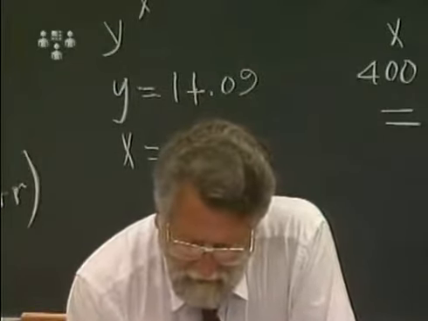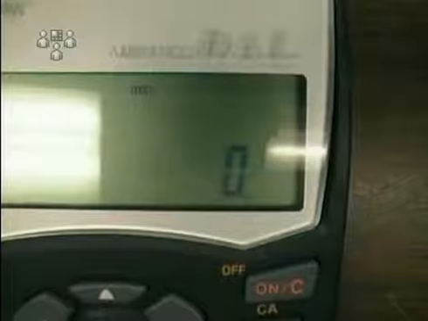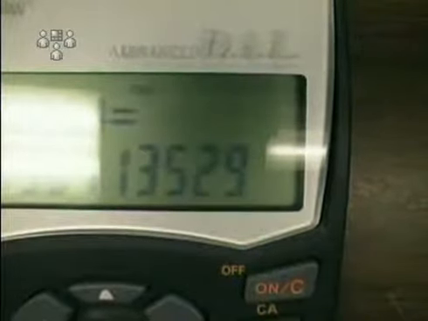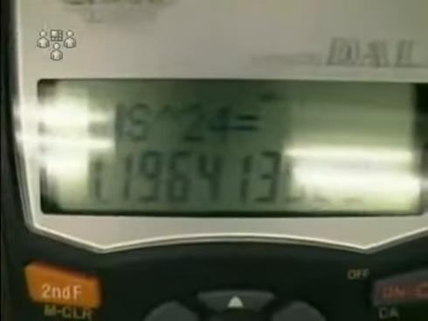0.03 divided by 4 equals plus 1 equals, and now the y to the x key. And as I do that, I'm going to do that to the 24th power. Yes. And now I get this number. Let's see if I can slide it over so you can see it. 1.